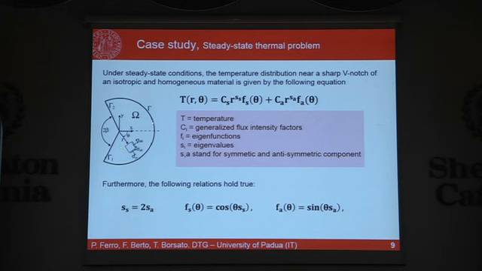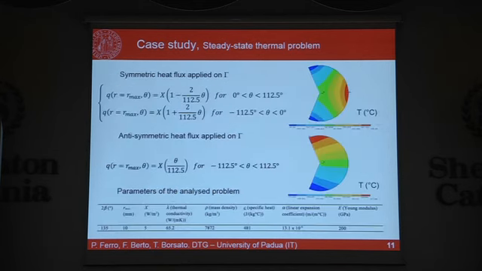The temperature distribution is not singular, conversely to the stress distribution. The thermal loads were applied in terms of a symmetric heat flux on the external surface of the geometry and an antisymmetric heat flux in order to separate mode 1 and mode 2. This table summarizes the material properties used in the simulation, which mimic the properties of carbon steel.